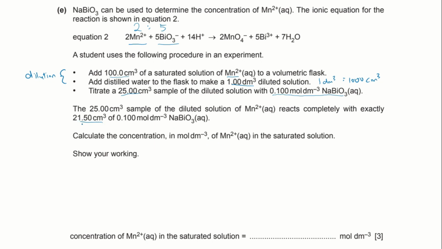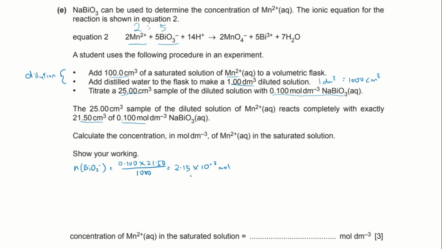The titre of the sodium bismuthate solution is 21.5. So I'm supposed to find the number of mole of bismuthate ion because I have the volume and also the concentration. I can use the formula MV over 1000. This will give me 2.15 times 10 to the power of negative 3 mole.